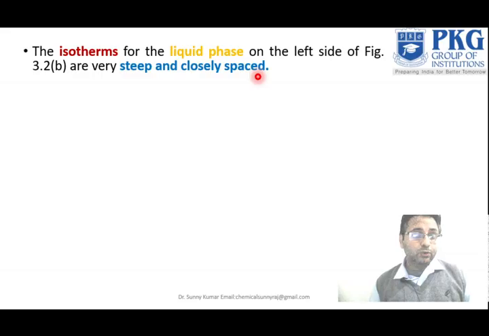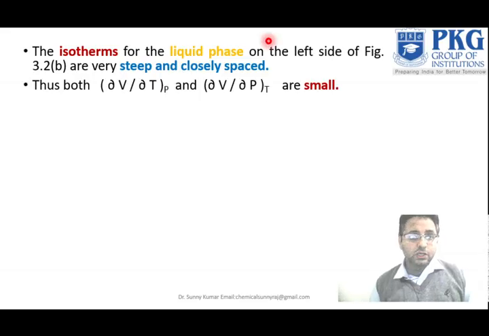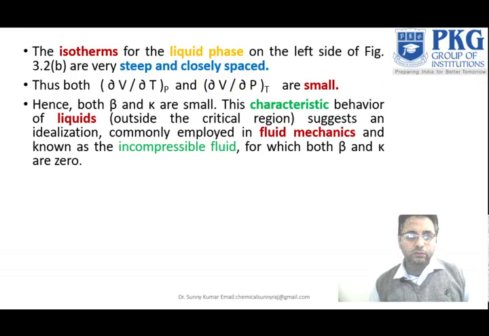So there is very little change in the volume on this left side. Thus both (∂V/∂T) at constant P and (∂V/∂P) at constant T are small. Hence both beta and K are small in that case.